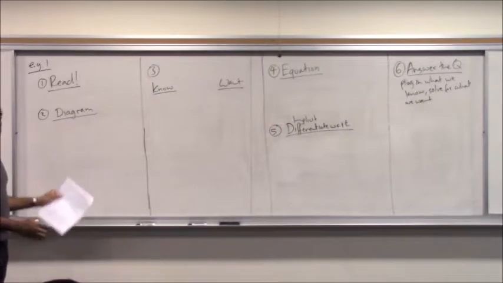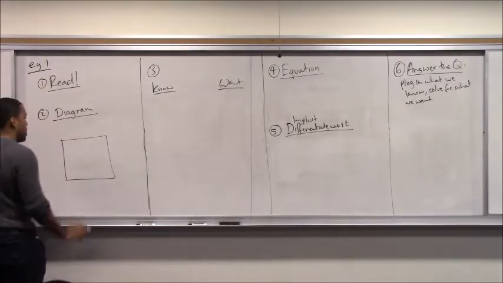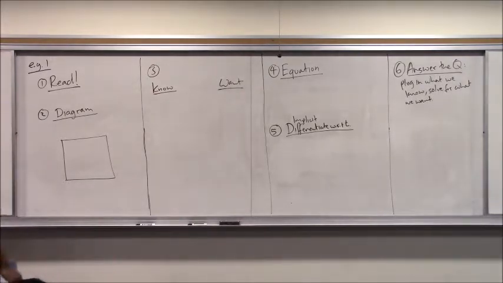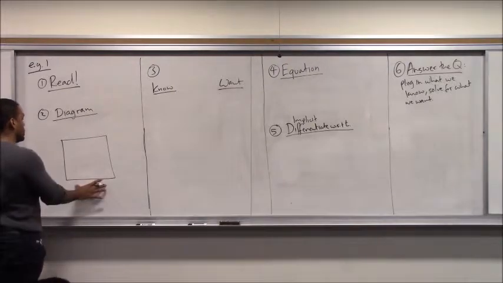They pretty much told us it was a rectangle, so I'm going to draw a rectangle. And now I am going to label the rectangle. How do you want to label this? What do you want this side to be?